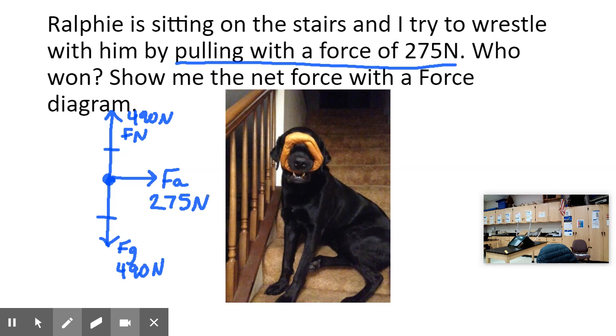So I'm pulling on him with 275. Is this balanced or unbalanced as it's written? This is unbalanced. If he did not pull back at all, like he just let go, I'd won, right? Because I would be moving and he would be letting go.